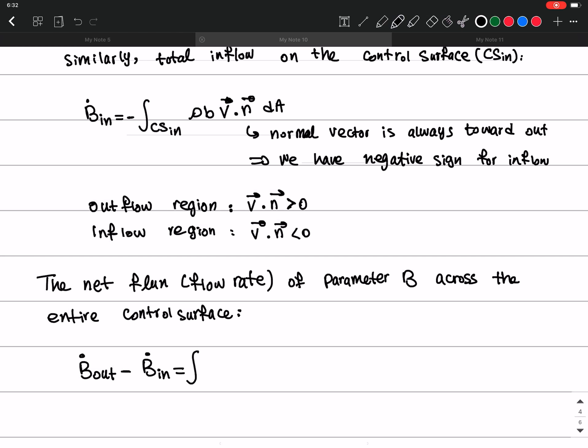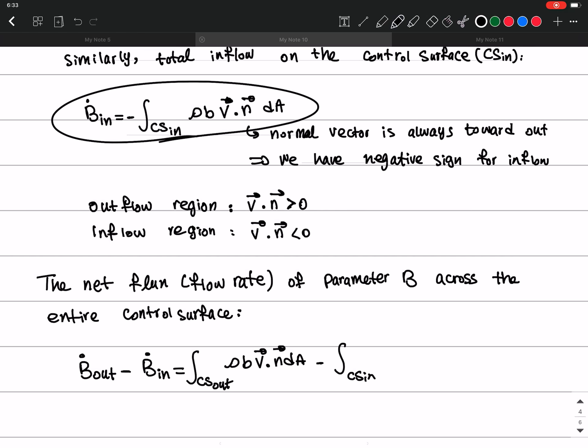So it's going to be the integral over the control surface out of rho b V dot n dA, minus the integral over the control surface in of rho b V dot n dA.